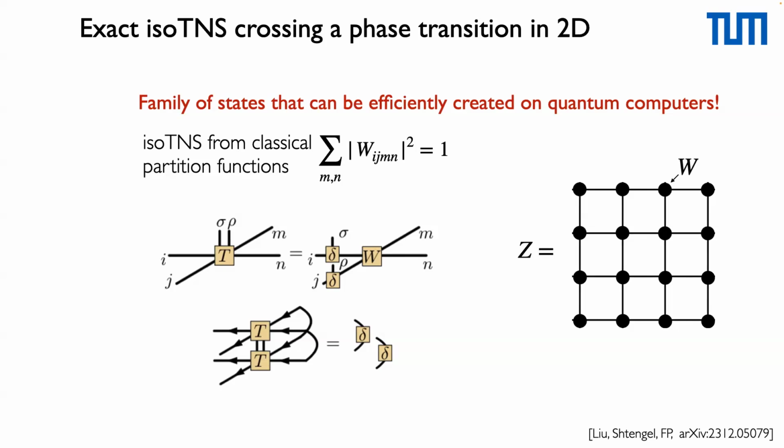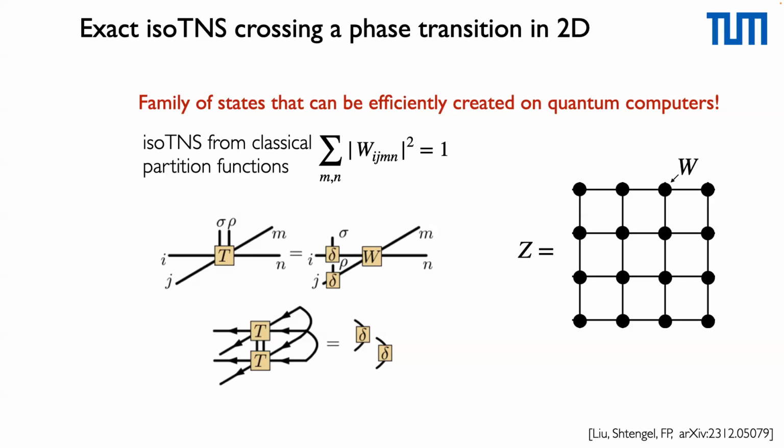Now we can make the following observation. If we use this construction to get our tensors for the isometric tensor network, and we demand that the tensors in the classical partition function fulfill the rule that if we turn these tensors into matrices, grouping indices, say ij and mn, and these matrices are made out of normalized rows or columns, then this automatically turns into an isometric tensor network.